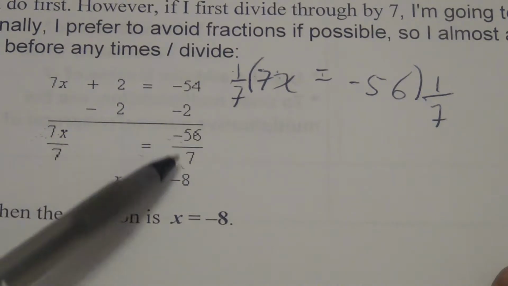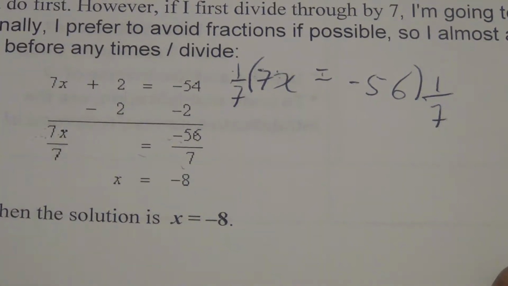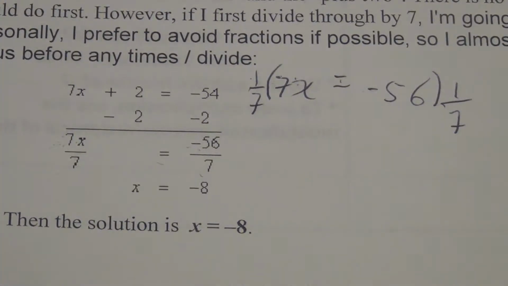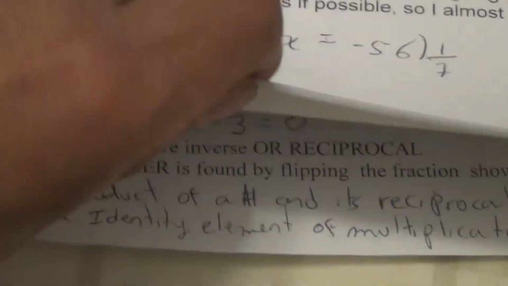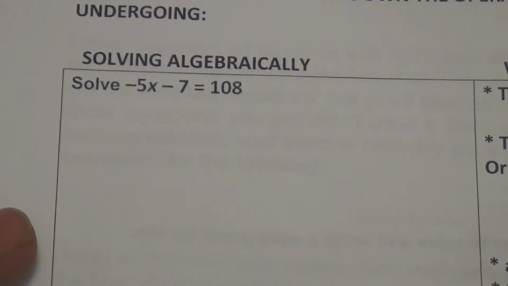And then of course you divide, and you get x equals -8. But once again, stress on the multiplicative inverse. You're going to thank me because there are equations where at the end, or from the start, you're dealing with a weird fraction. So there you go.